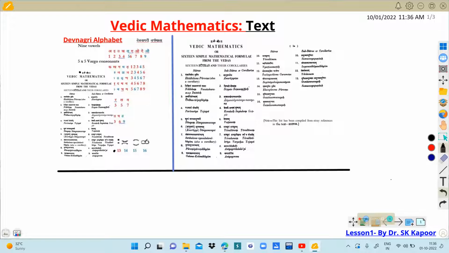Now when we write this form and say it is the first vowel, in a way we are writing it in a script, and this script is called devnagri script.